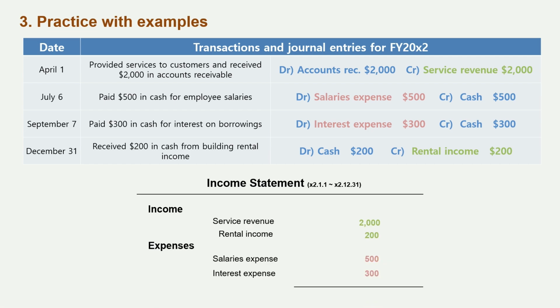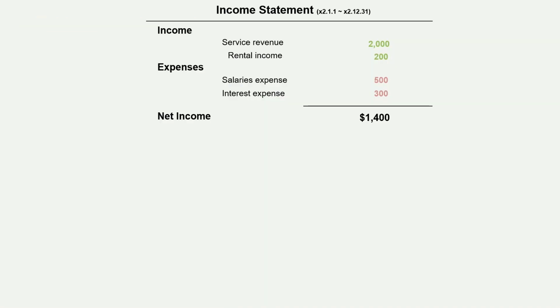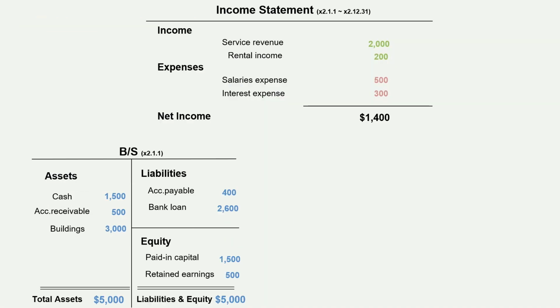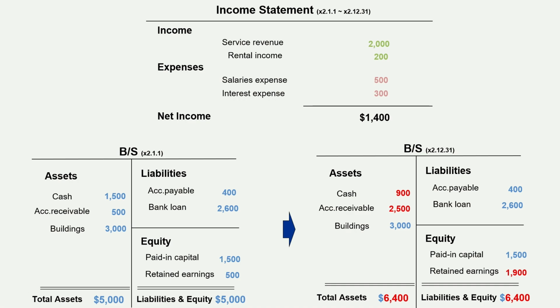The profit and loss accounts for the transactions are all reflected in the income statement, and the net income for the year 20X2 is calculated to be $1,400. Next, check out the change in the balance sheets between the beginning and the end of 20X2. You'll see that the change in net assets and the corresponding change in retained earnings are exactly the same as the net income of $1,400. This is how the income statement is created and connected to the balance sheet.